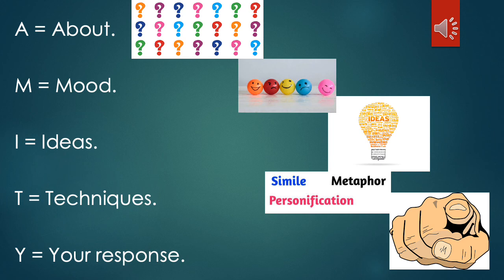Could it also be a structural technique, something like repetition, or certain lines beginning with the same word? As you read through the poem, you need to be able to highlight and pick out some of the most effective language or structural techniques that the poet has used.